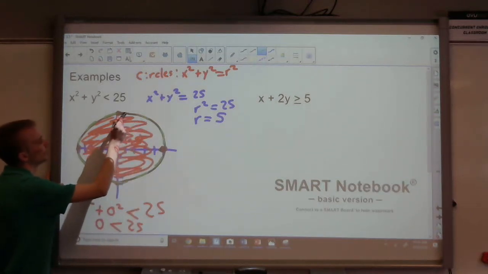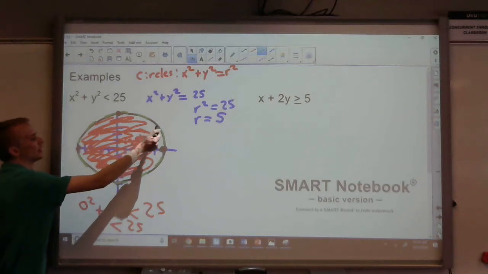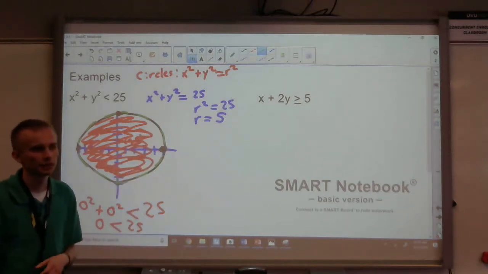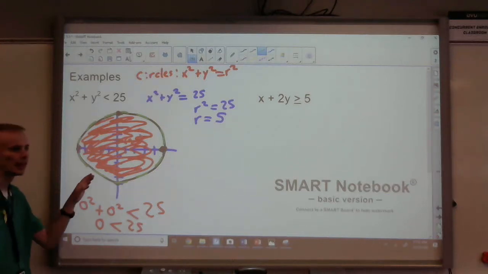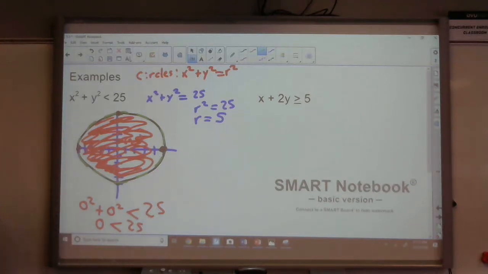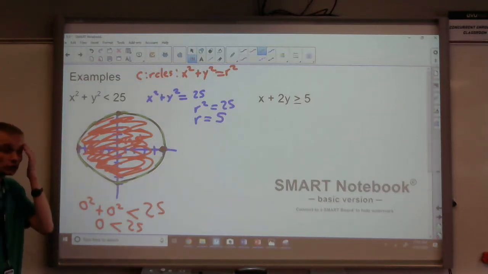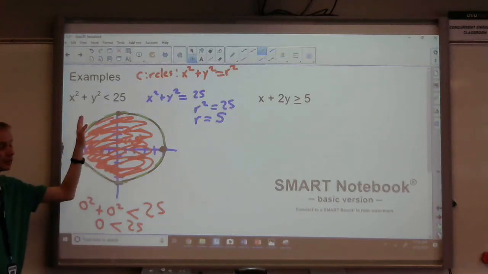And you should erase little chunks of your line to give it a dotted appearance. It's a little bit harder for me to do that on here, so I'm just going to color over it with a different color to make it work. Okay. So that's what our solution would look like here.